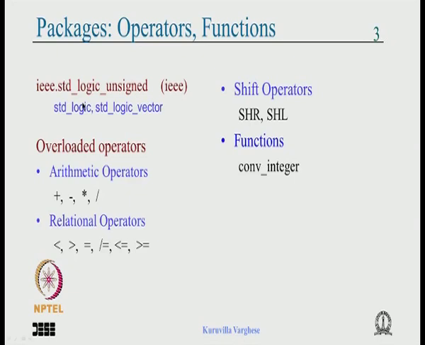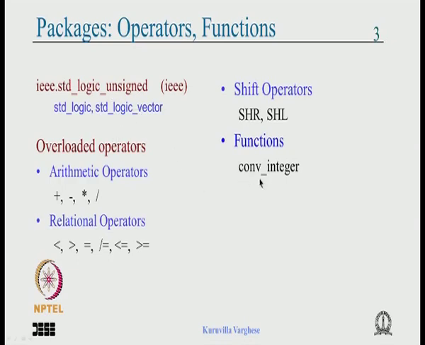The next is the standard logic unsigned package that uses standard logic and standard logic vector. You have all arithmetic operators, relational operators, shift right, shift left, and a function to convert to integer. Because what is extra defined other than the standard library is only the standard logic and standard logic vector, what is normally required is a conversion function from standard logic vector to integer.